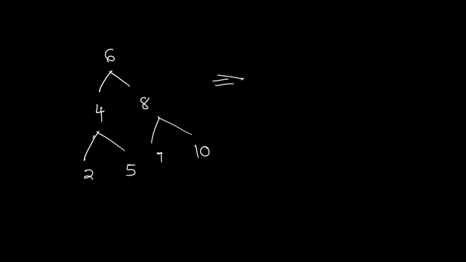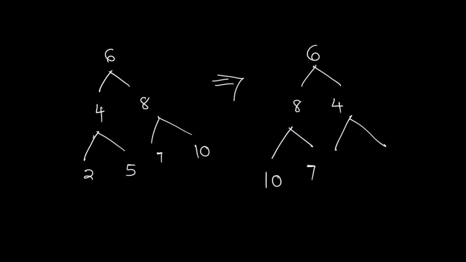So when this tree is inverted, we're going to have 6, and then we swap 8 and 4, and we also swap 10 and 7, and 5 and 2. After this tree is inverted, this is what we get as our final result. One thing you need to remember always is that whenever they tell you to invert a binary tree, all you need to do is swap the items on the left with the items on the right. We're going to look at two ways of solving this in code.